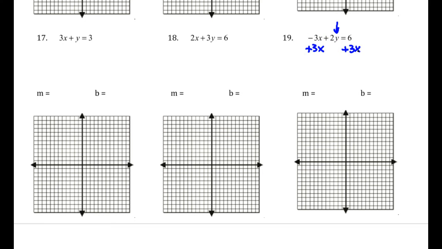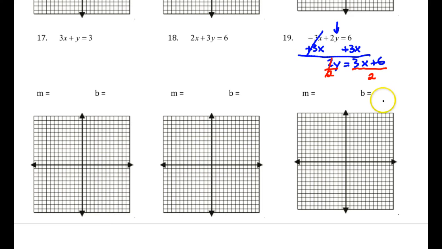to both sides. Left-hand side, that equals 0, -3 plus 3. Bring down everything else: 2y equals 3x plus 6. Now go ahead and get rid of the positive 2 by dividing by the same number, 2. 2 over 2 equals 1.